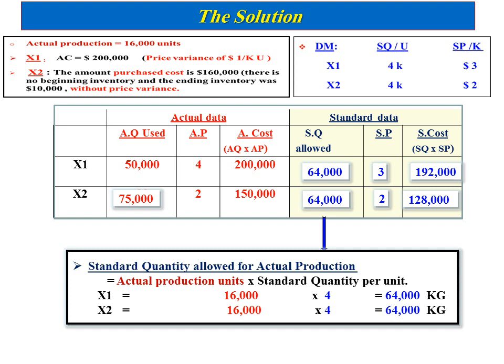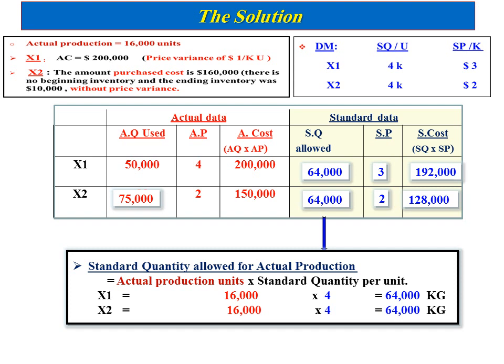Okay, I need the actual for X1, X2, and I need the standard. Now I am ready to analyze and calculate the variances according to my requirement here, 4-way analysis.